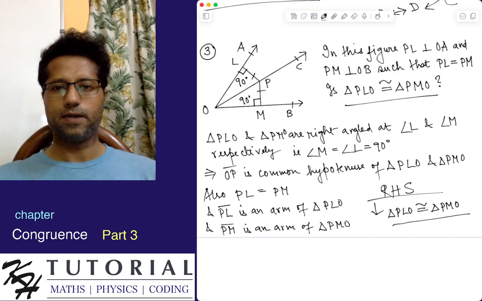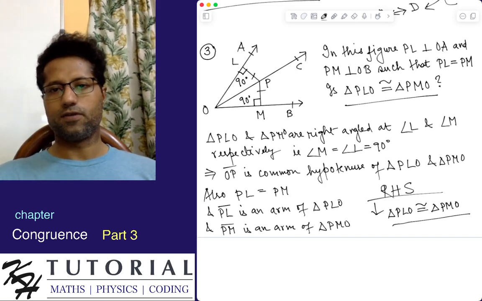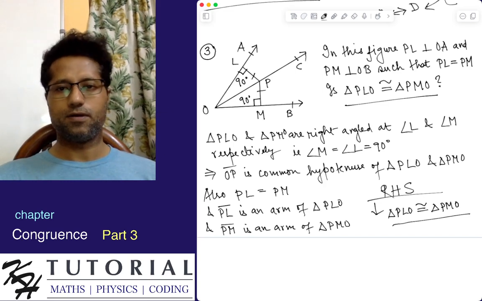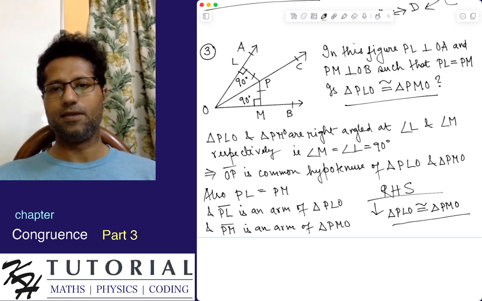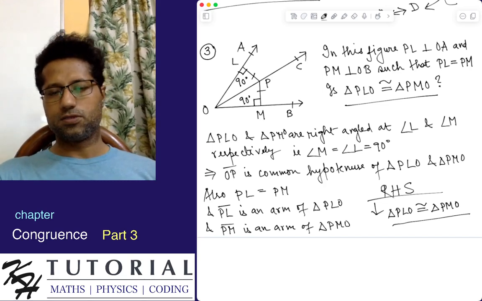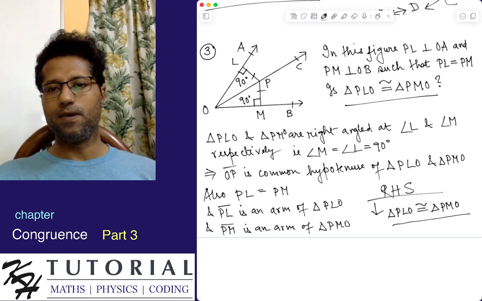So the idea was that the two triangles are congruent, as PL was perpendicular to OA, so angle PLO, or angle L in triangle PLO, is a right angle. Again, PM was perpendicular to OB, which makes angle PMO, that is angle M in triangle PMO, a right angle.